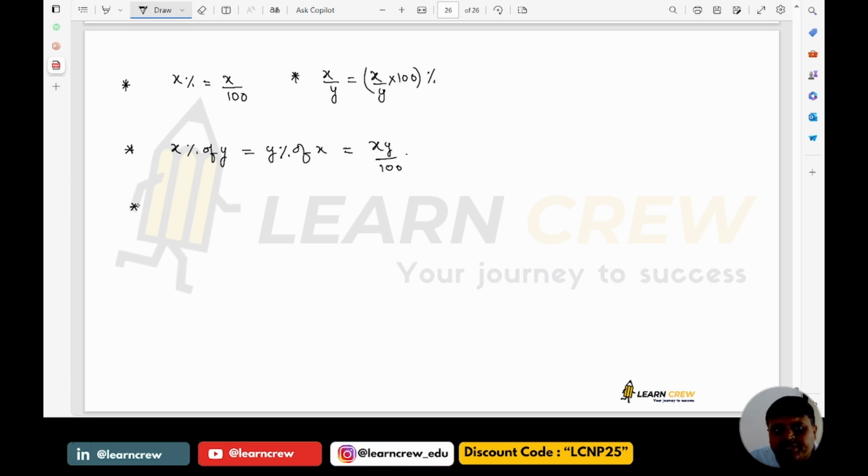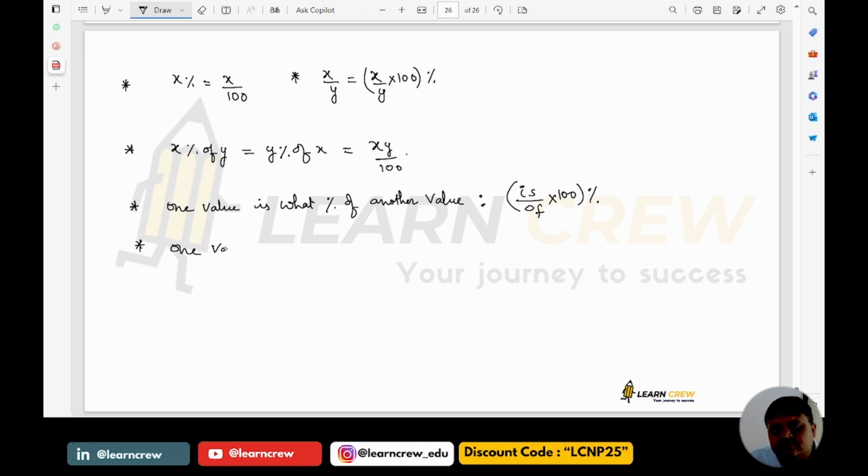And the third point, one value is what percentage of another value, is what percent of another value. For this, what is the shortcut we discussed? It is by of into 100. And then what is one more point we discussed?